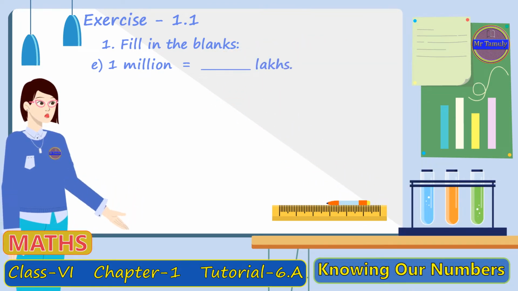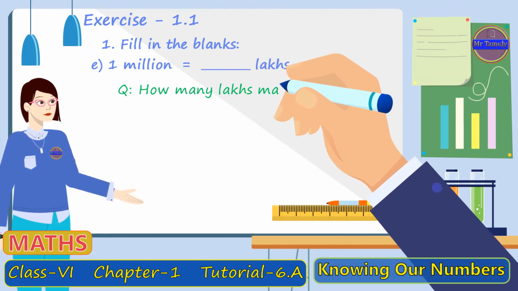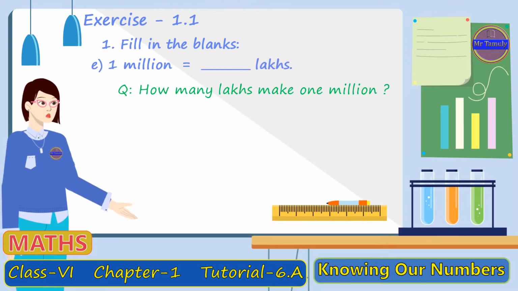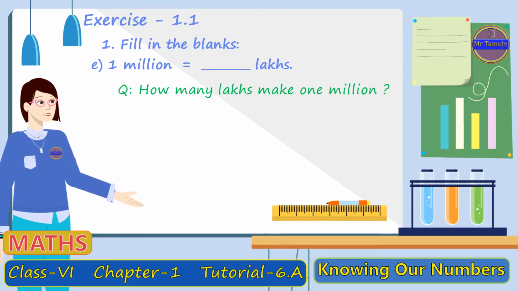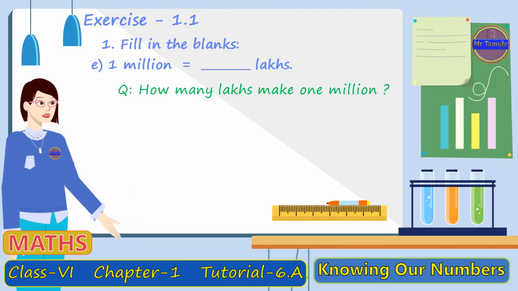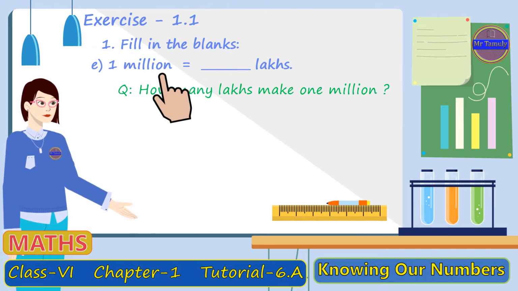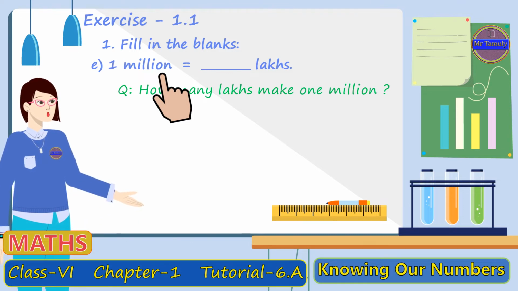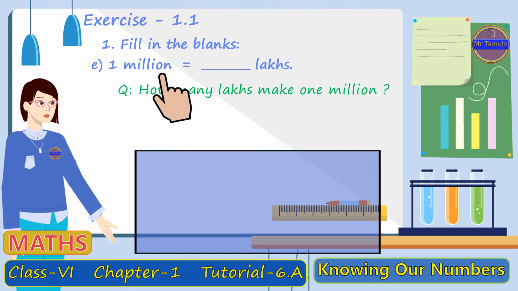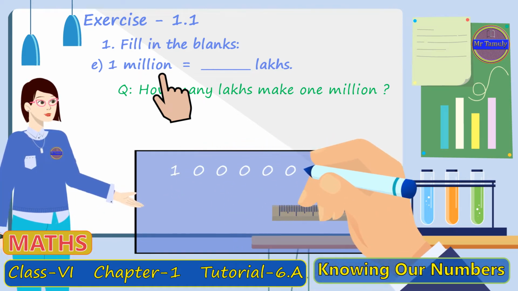As we now know, the actual question is, how many lakhs make 1 million? To compare the number of zeros, we shall first write in numerals the number that we have on the left-hand side of the equal to sign. The number is 1 million. So we shall write 1,000,000.